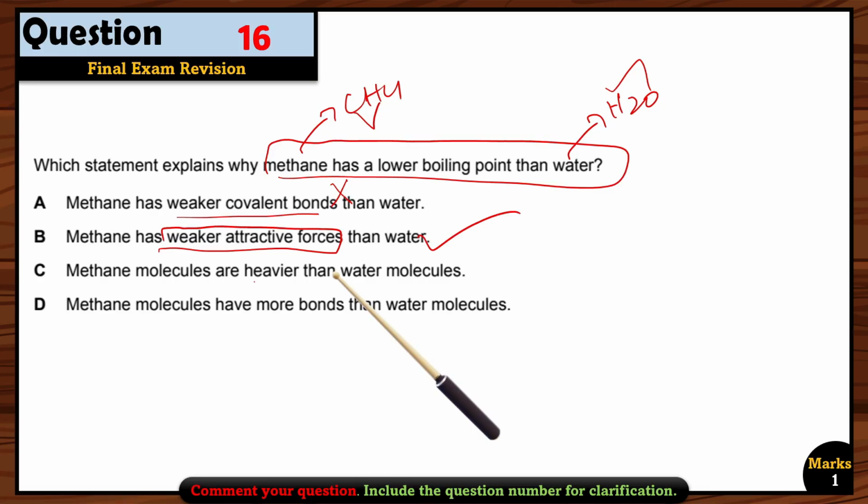Melting and boiling point don't depend on any other factor. They just depend on the bonding. Which bond is present will decide the melting and boiling point of any compound. So for covalent compounds, which bond is responsible for lower melting or boiling point? It's not the covalent bond. It's the weak intermolecular forces, or weak attractive forces. So option B is the right option.